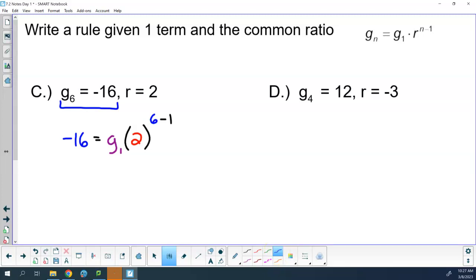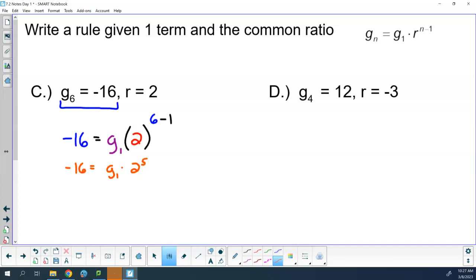So I could use my rule to find my rule. 6 minus 1, 5. So then this becomes negative 16 equals g sub 1 times 2 to the 5th.